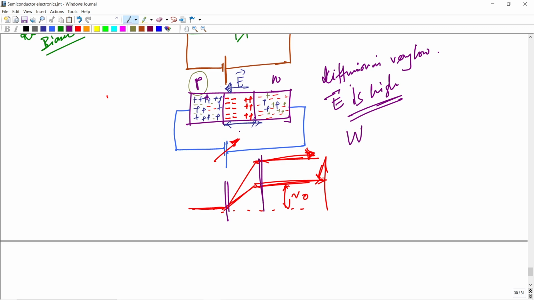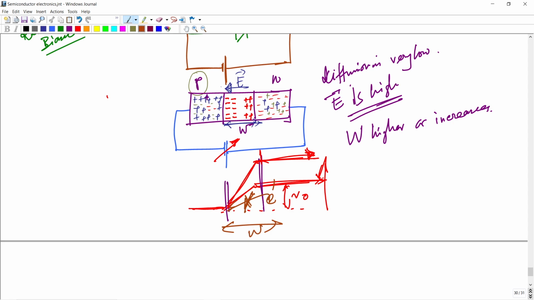And the depletion width is higher, or increases. The electron jumping from N to P region is bounded here, it is not possible. So W increases, and we get a very small amount of current.